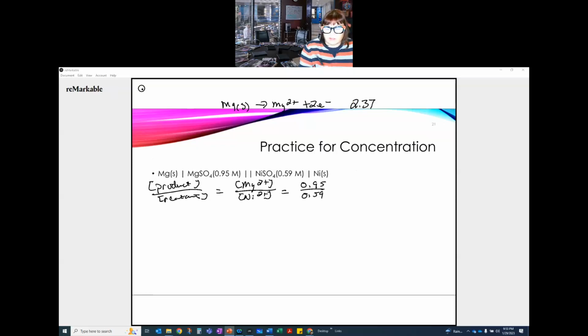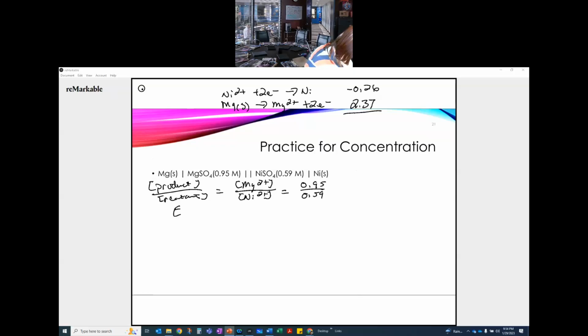Since this is an oxidation, I change the sign of the value that I found in the standard reduction potentials table. I also have Ni2+ plus 2e- going to Ni, and that value is negative 0.26. So my standard potential is that 2.37 minus 0.26, which is 2.11.